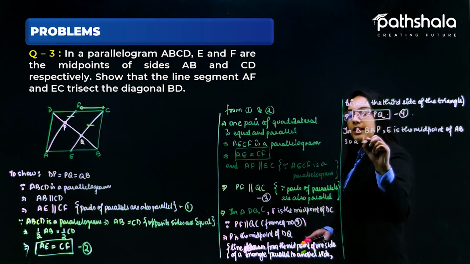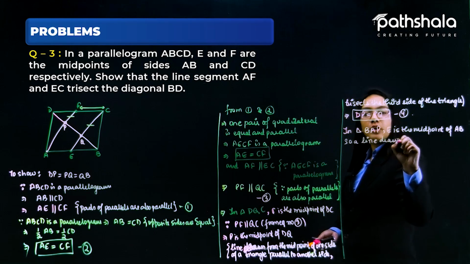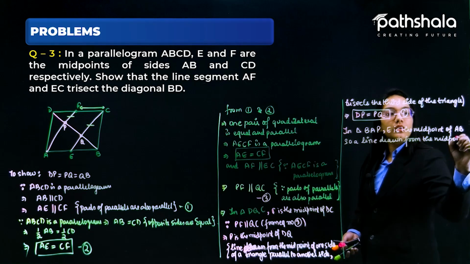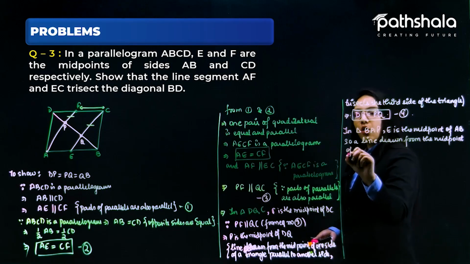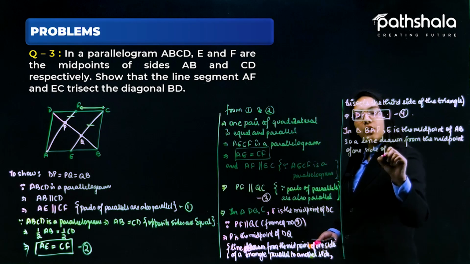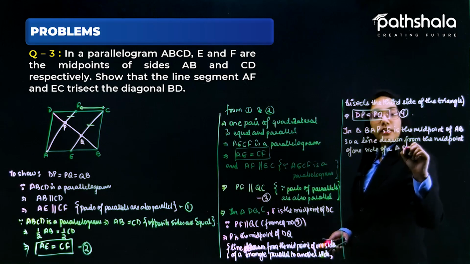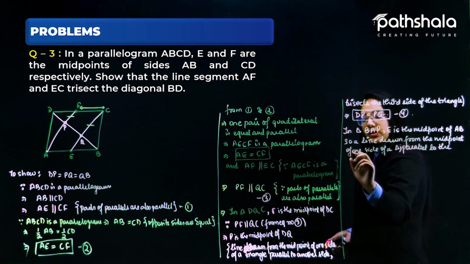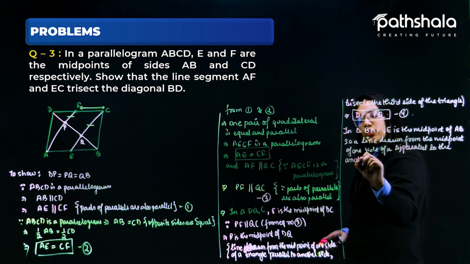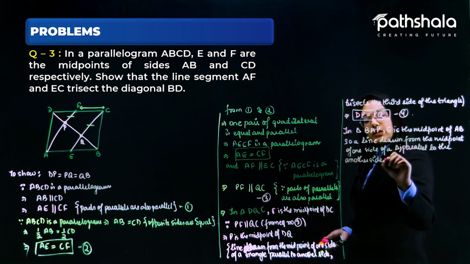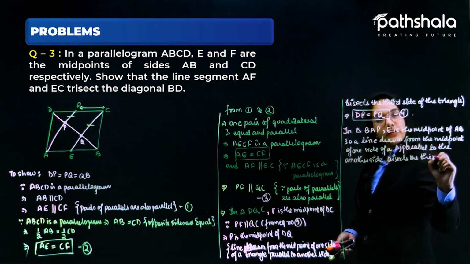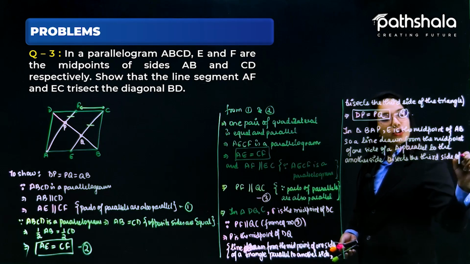So a line drawn from the midpoint of one side of a triangle parallel to another side bisects the third side of the triangle.